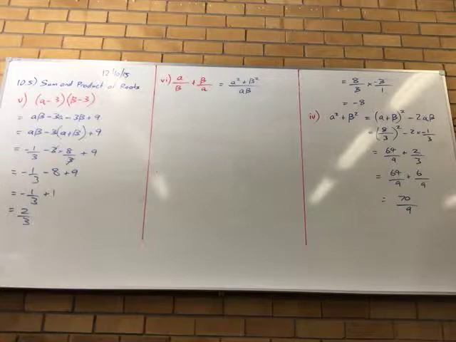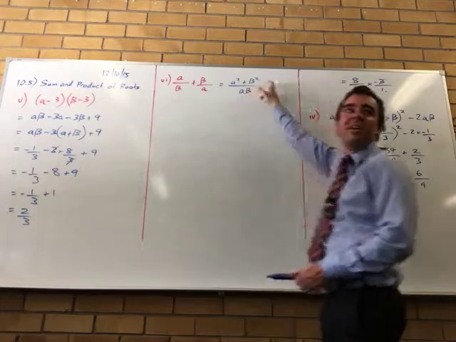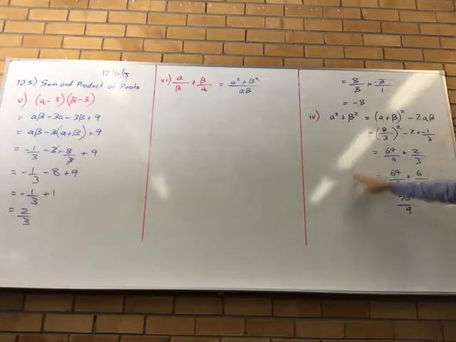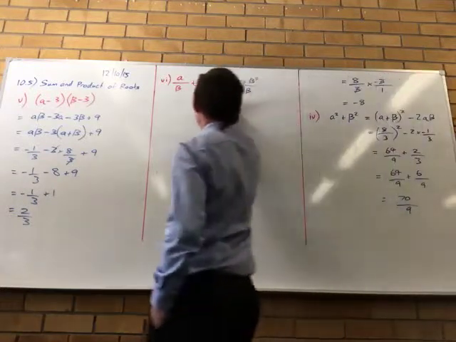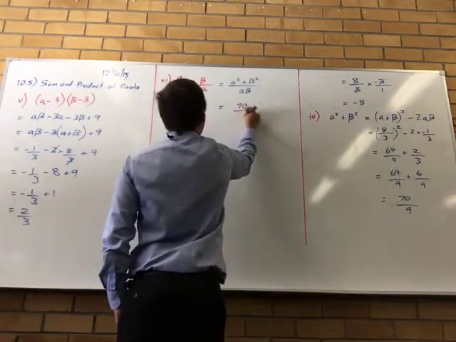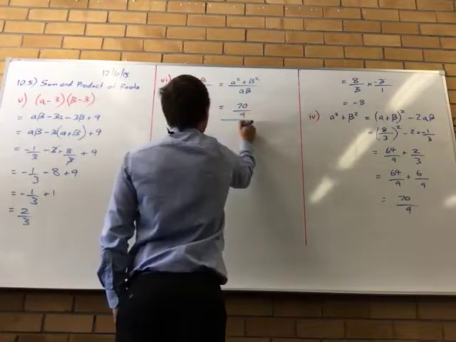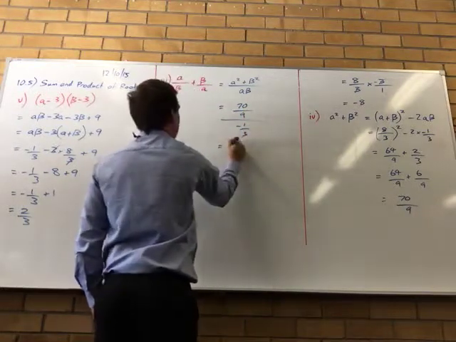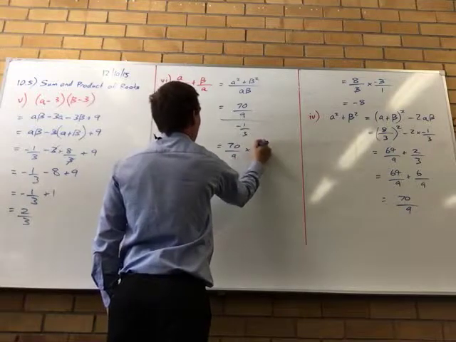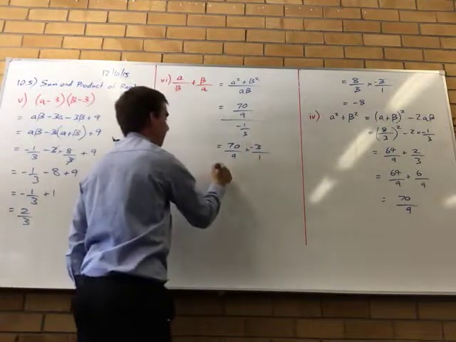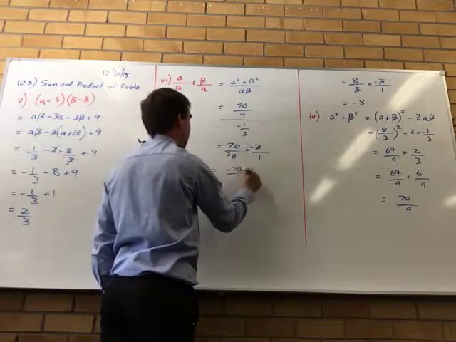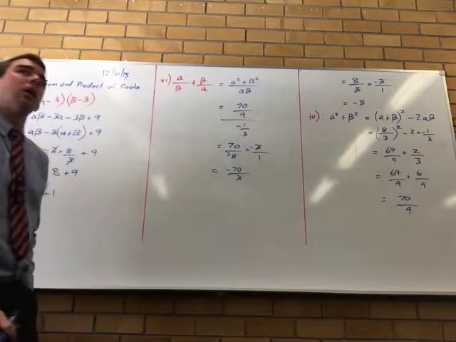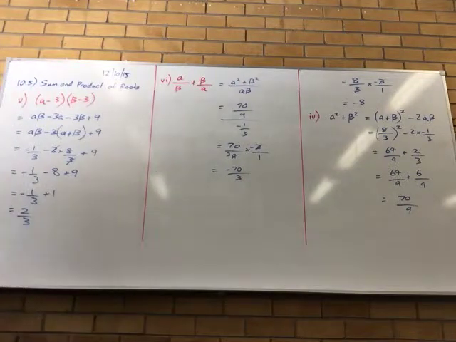Substitute. Yeah, I've already worked out alpha squared plus beta squared, haven't I? So I don't have to go through all that manipulation again. I can just write the result down. So 70 over 9 all over negative 1 over 3. So 70 over 9 times negative 3 over 1. So it's going to be negative 70 on 3. 3 does not go into 70.